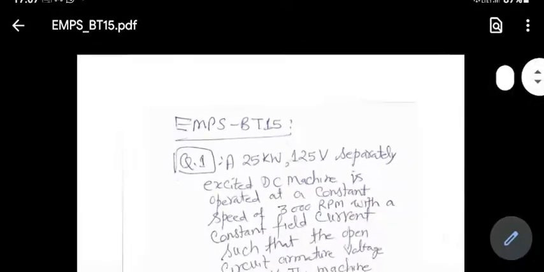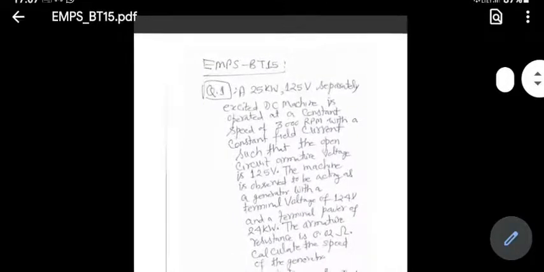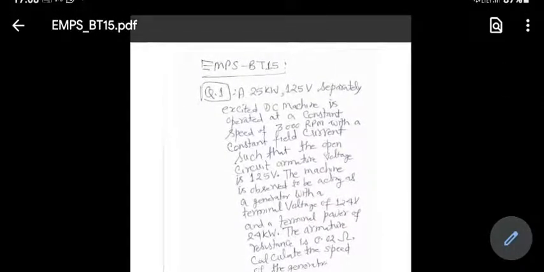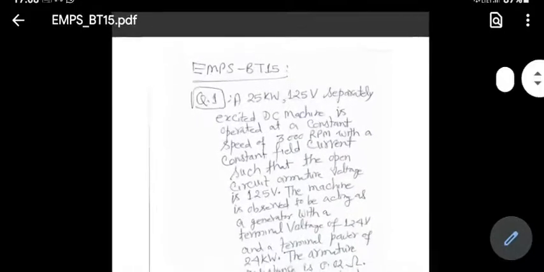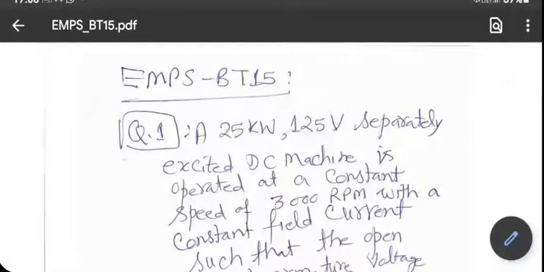See, next one. This probably will be the last one for today. A 25 kilowatt, 125 volt, separately excited DC machine.